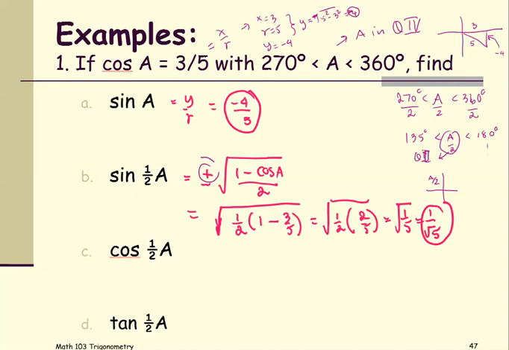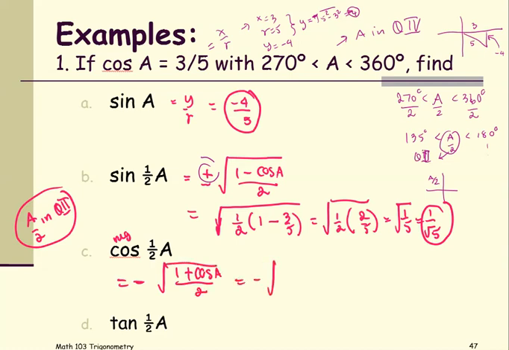For the cosine of the half angle, it is a similar way. Since A over 2 is in the second quadrant, the cosine is going to be negative. And we're going to use the formula negative square root of 1 plus cosine A divided by 2. To avoid a complex fraction, again we write divided by 2 as multiplied by 1/2. And then the quantity 1 plus cosine A, where cosine A is 3 over 5.